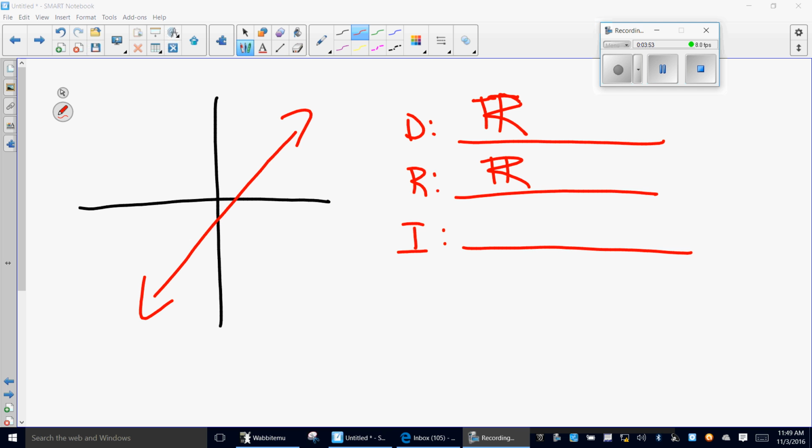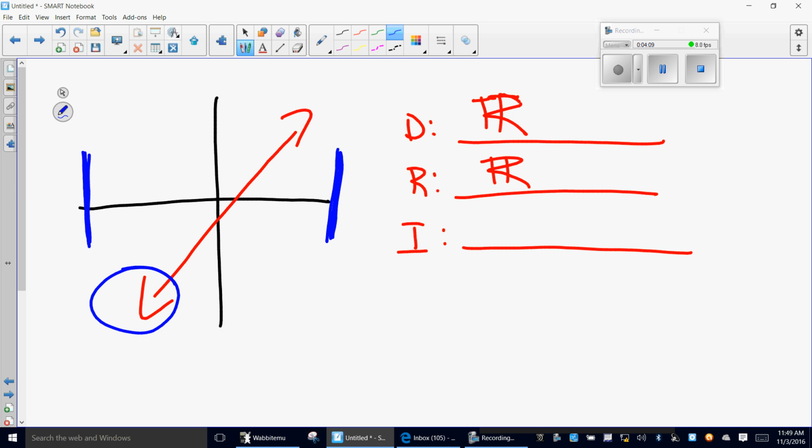So here's the thing. It's all about the x though. As I start at the left side of my graph, I want to know where I am from here to here on my x. Yes, this arrow is pointing down, but I don't care that the y is going down to negative infinity. I care that I am on the left side of the graph.